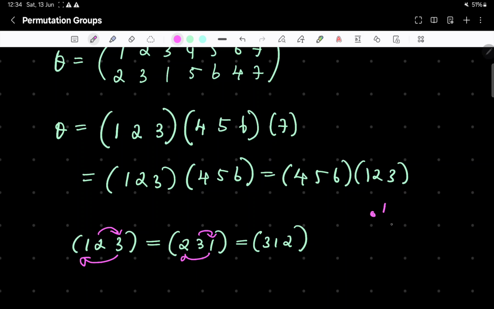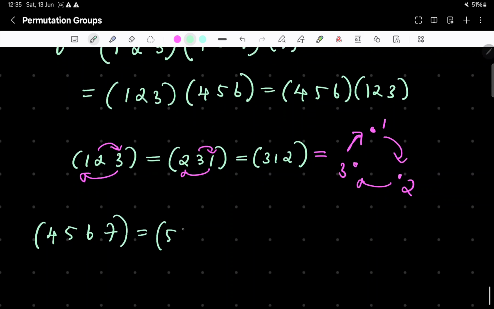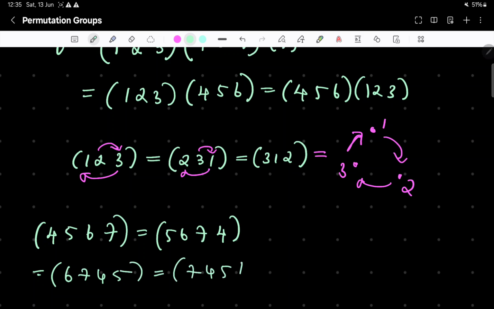What is actually happening is the graph of all of these is the same, because 1 goes to 2, 2 goes to 3, 3 goes to 1. So everyone is equal. Similarly 4 5 6. I'll give you one more cycle with 4 elements, maybe 4 5 6 7. This is equal to 5 6 7 4, again equal to 6 7 4 5, again equal to 7 4 5 6.